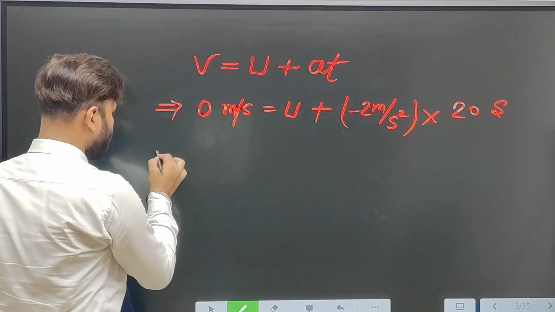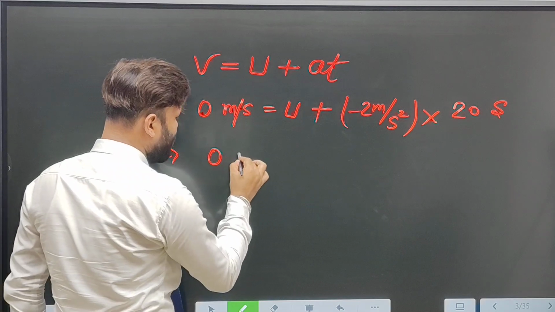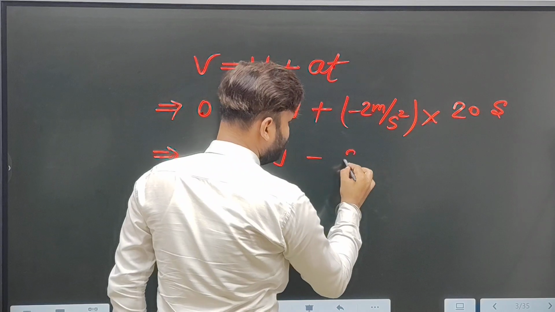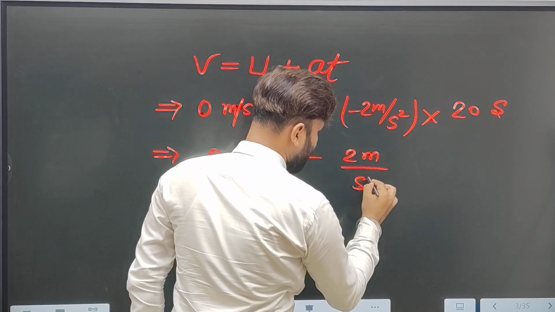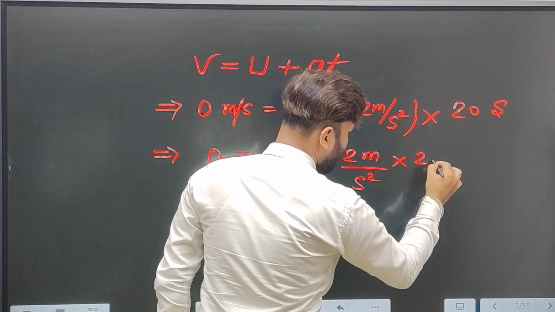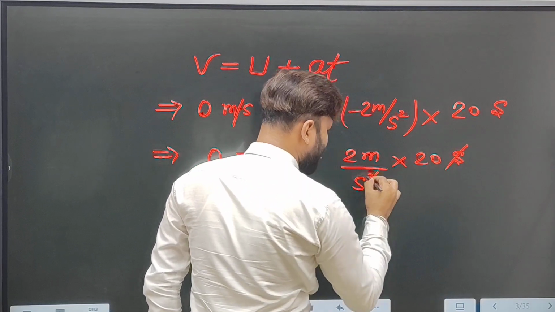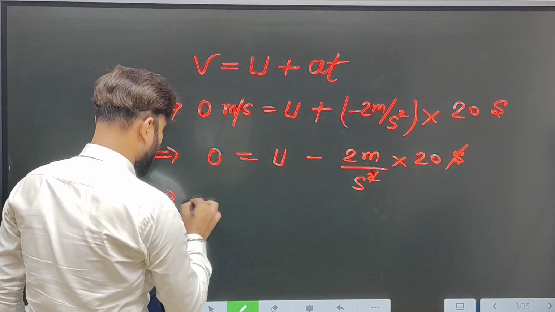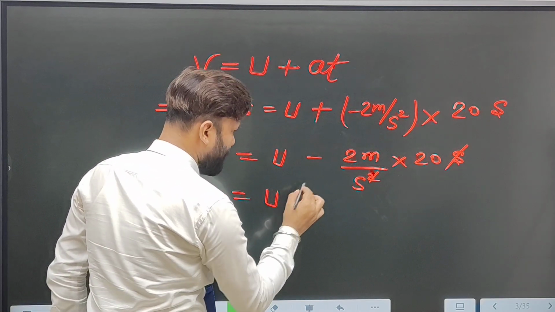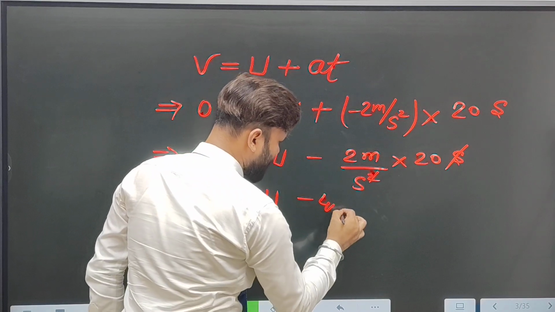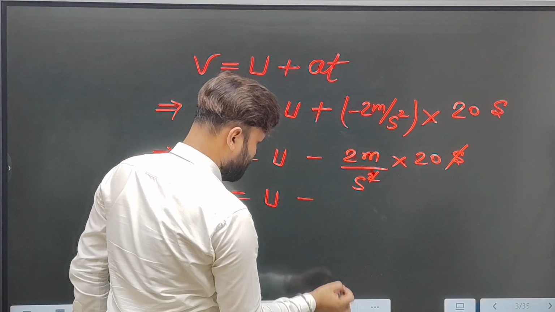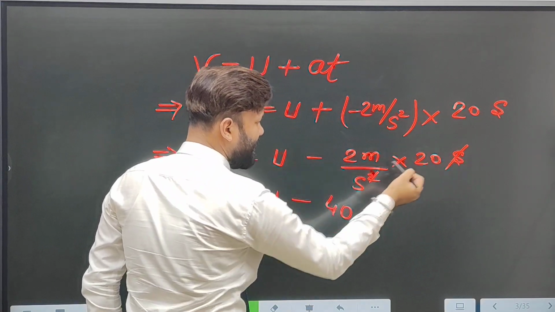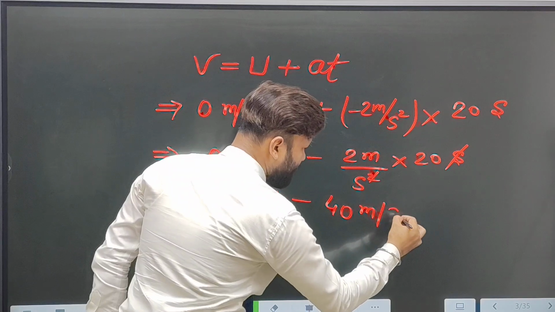Okay, so 0 meter per second, it means 0, equals u plus, and plus and minus will be minus 2 meter per second square times 20 second. 1 second and 1 second cancel, so 1 second will remain. 2 twos are 40, so minus 40 meter per second.